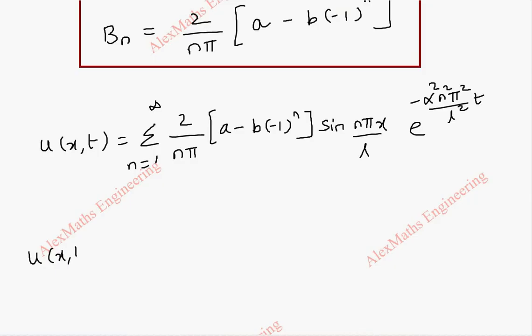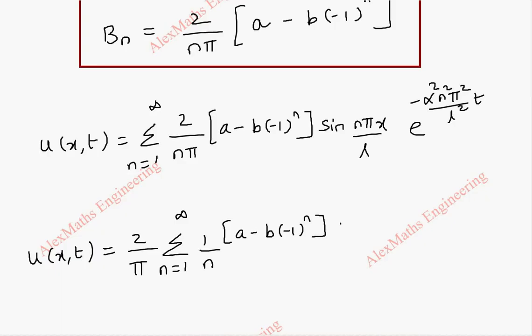So u(x,t) will be 2 by pi, then summation n equals 1 to infinity, 1 by n, then a minus b times minus 1 whole power n, then sin(n pi x by L) e power minus alpha square n square pi square by L square into t. This is the required solution for the given problem.